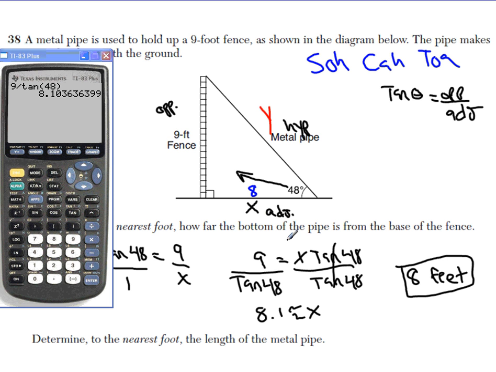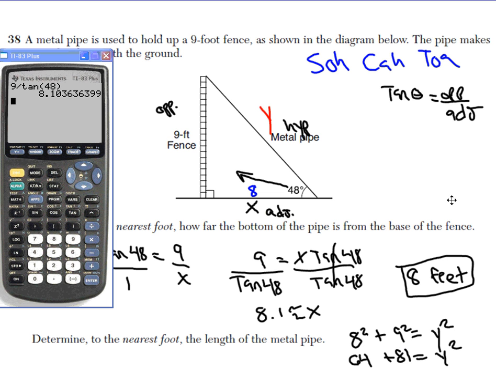So whatever you prefer. I'm just going to go ahead and use Pythagorean theorem. I think that's just a lot easier. So 8 squared plus 9 squared equals y squared. Right. So 8 squared is 64, 9 squared is 81, equals y squared.